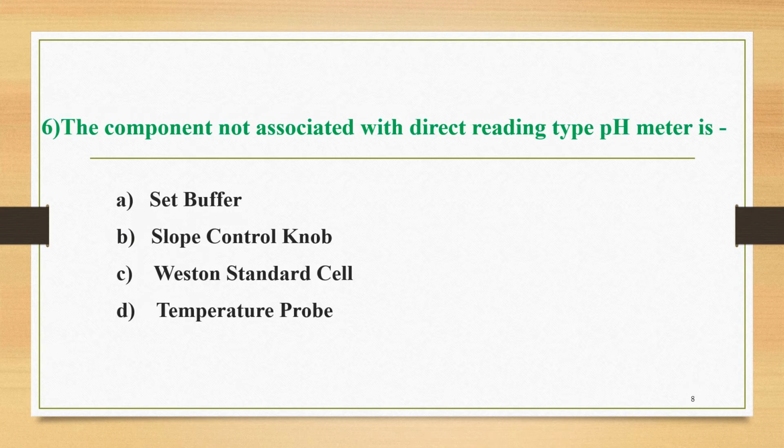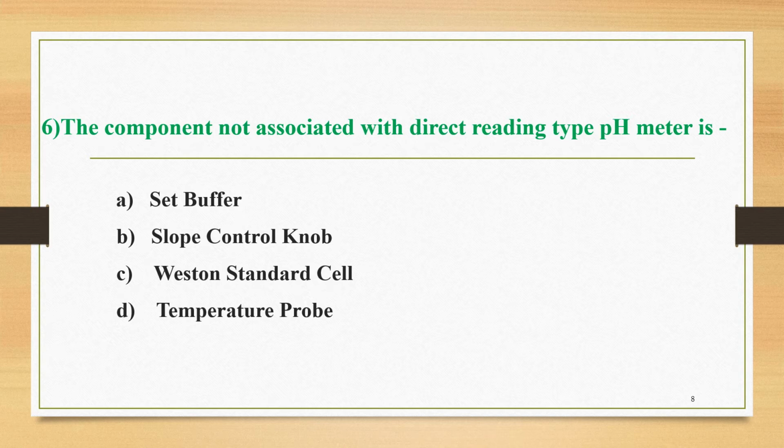The next question, question number 6, is here. The component not associated with direct reading type pH meter is, and the four options are A, state buffer, B, slope control knob, C, Western standard cell, and D, a temperature probe. As far as the circuit of the direct reading type pH meter is concerned, it has some probes or some knobs for its standardization purpose or for its activation purpose.